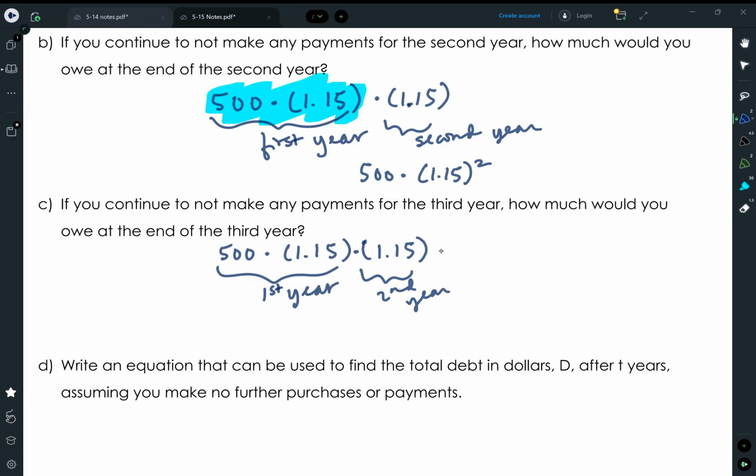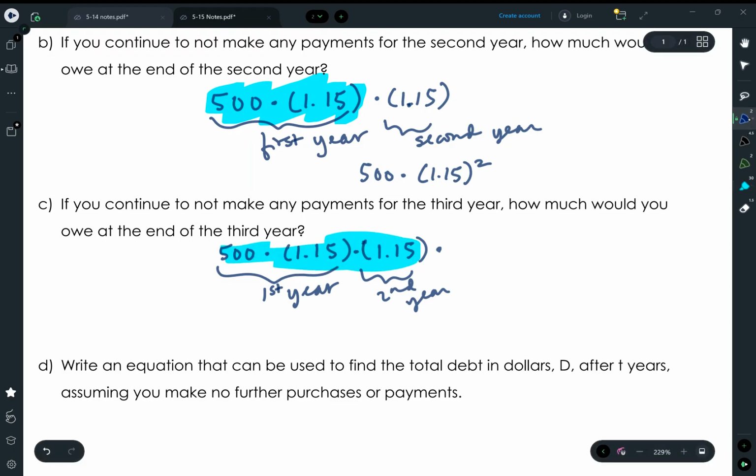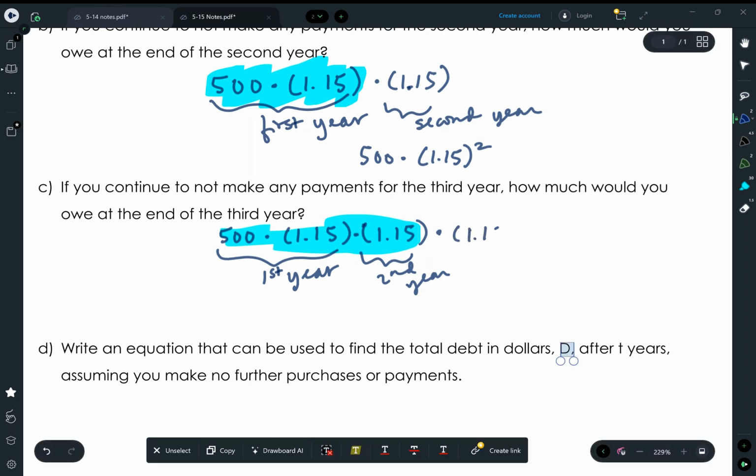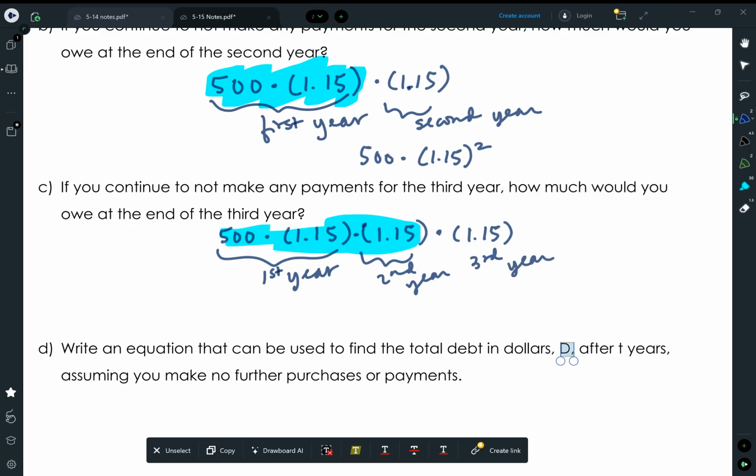Now when I'm looking at my third year, I have to pay all of this, 100% of what I already owe, plus an extra 15% on top. So I'm multiplying by 1.15 again, and that's going to be for my third year. And I'm sure, as you've already guessed, that's just 500 times 1.15 to the third.